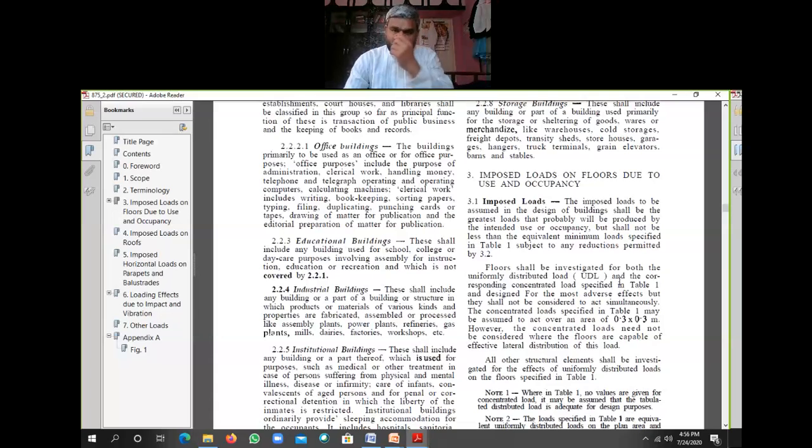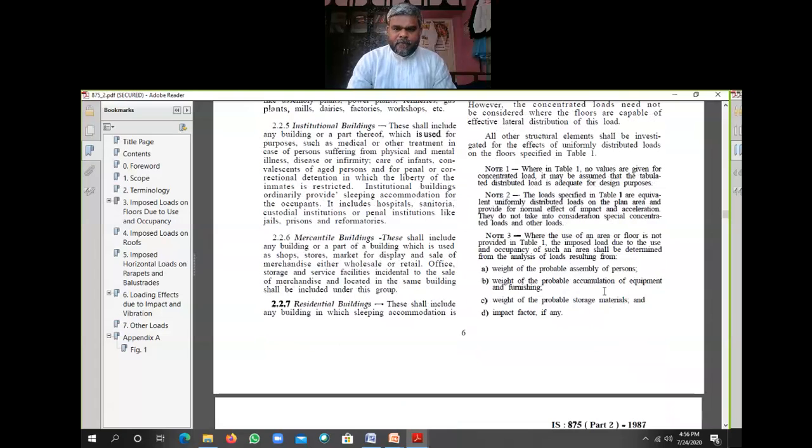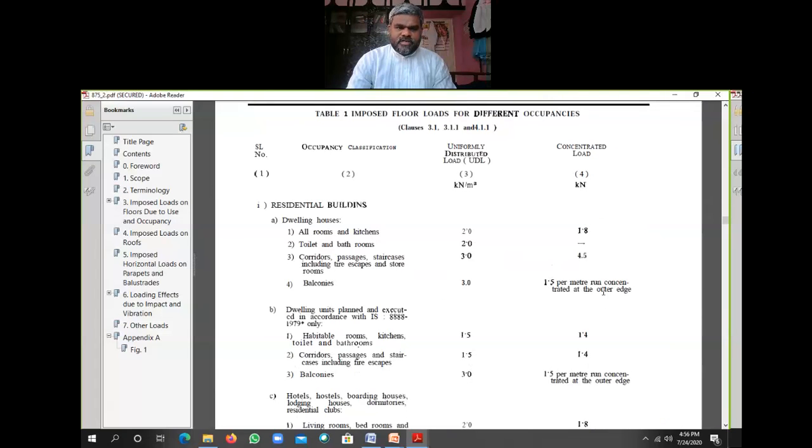The floors shall be investigated for both the uniformly distributed loads and the corresponding concentrated loads specified in table 1. Let us see table 1. Yeah, this is table 1. See here, residential buildings, dwelling houses, all rooms and kitchens, uniformly distributed load 2 kilonewton per meter square, and the concentrated load is like this.